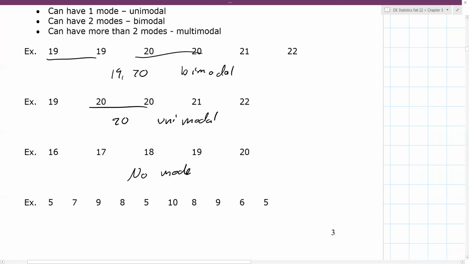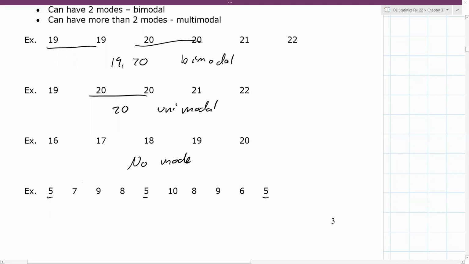Now, these were all in ascending order, which made it very easy to find. This last one is not. Now, you don't have to put things in ascending or descending order to find the mode. It can make your life easier, but you can also just keep track and look to see as you're going. So I'm going to start going through. I see 1, 2, I see 3 5s.